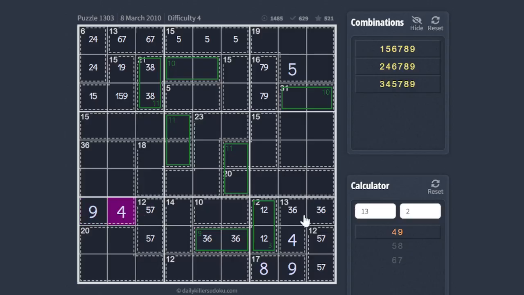This 4 and 6 knock out the 4-6, and this 3 knocks out the 3-7 possibility. So this 10 cage here is a 2-8 and 2-8 pair, which helps us resolve this 1-2. So this is a 1 and this is a 2. There we go.